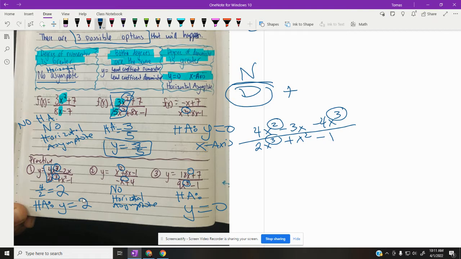This one, guys, it's super important that you just remember the rules. In the vertical asymptote, we have to get the denominator, set it equal to 0, and solve for x. This one is more case-based scenarios. We have 3 different types of cases that we could possibly have, and you have to memorize the cases.